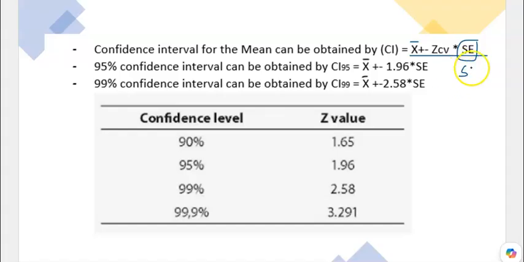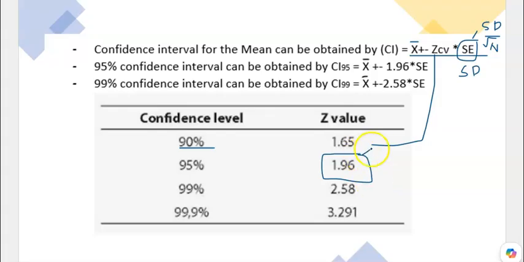The standard error is just the standard deviation divided by the root of n. Here, the z-score 1.96 is not 90%, it's 95%. Normally, in the standard way, you will use this 1.96.